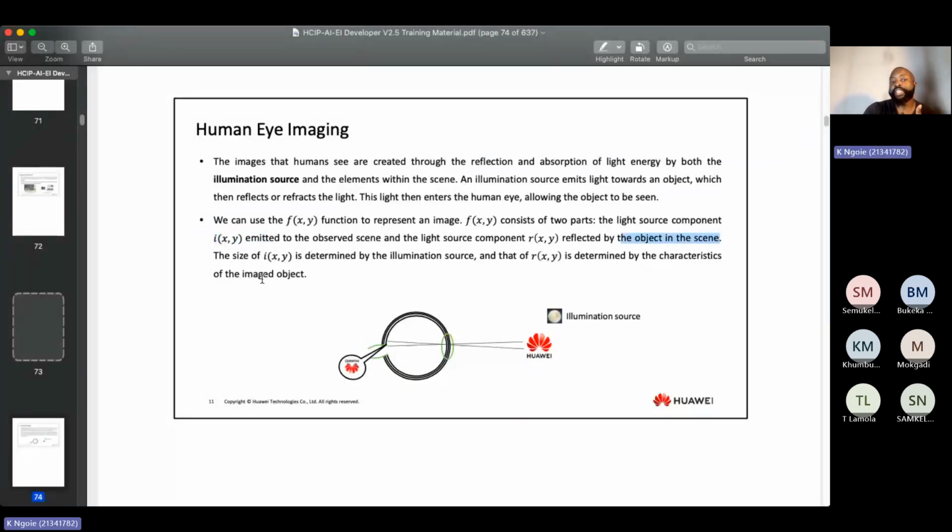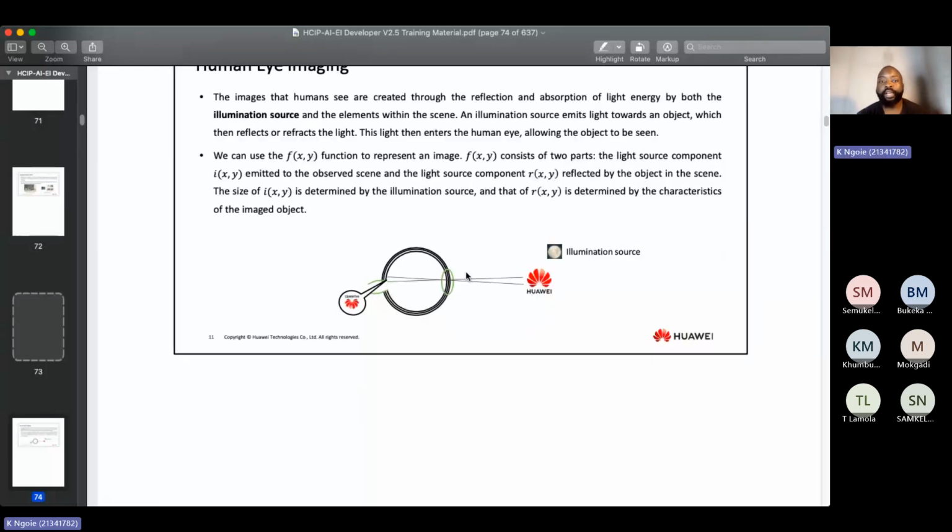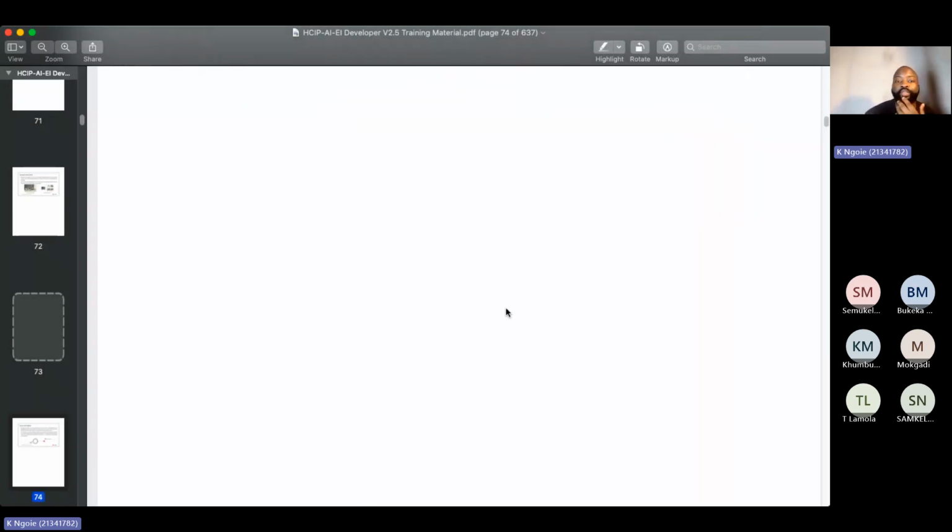And then we have the size of I(x,y), where I, remember, is the light source component. The size of I(x,y) is determined by the illumination source. Okay, so this is how we are going to represent it.